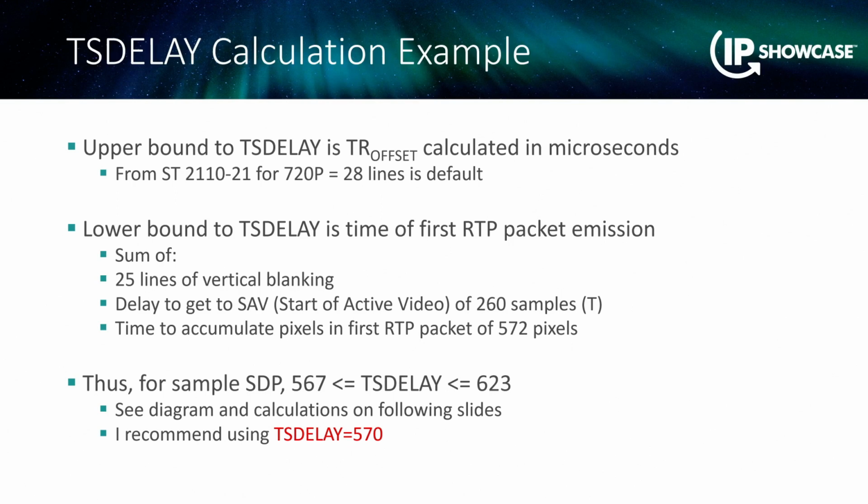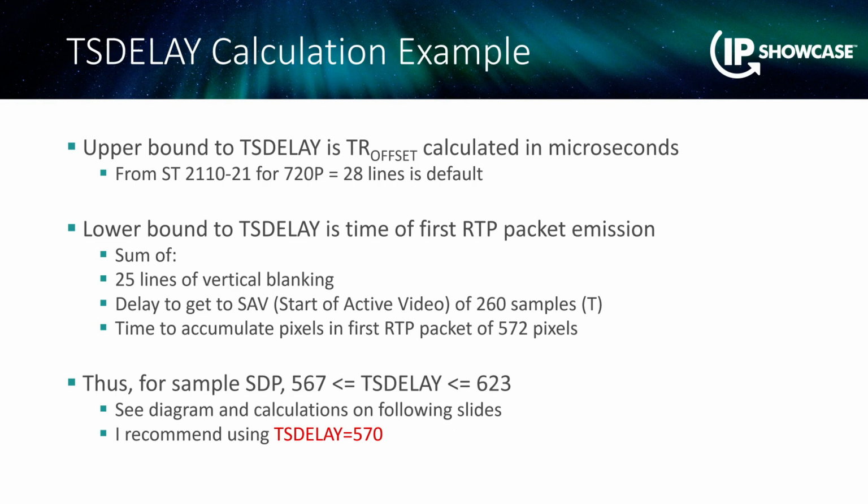The lower bound is the earliest that you could possibly have enough pixels to send a packet. If I don't have any pixels, I can't send a packet, so I have 25 lines of blanking. And this example is for a 720p, 5994, 422, 10-bit video. Each type of video is going to have its own calculation.